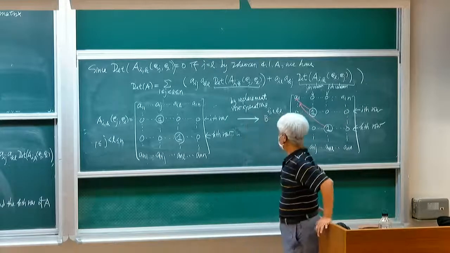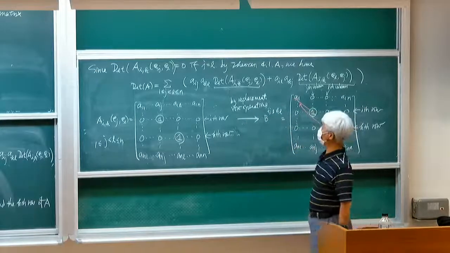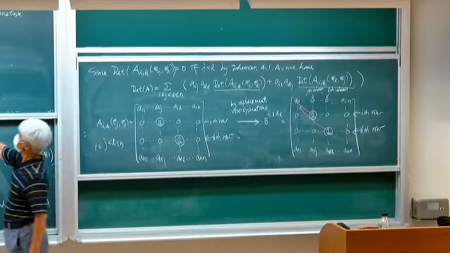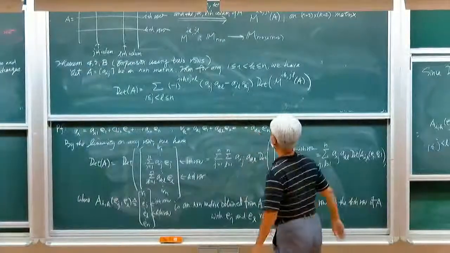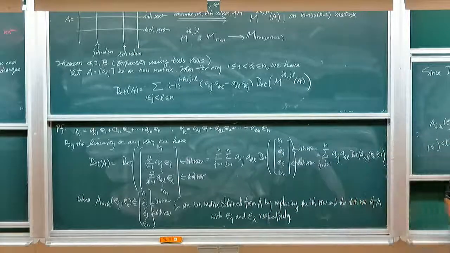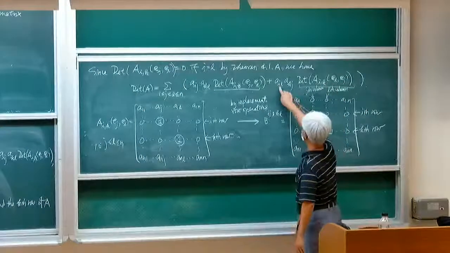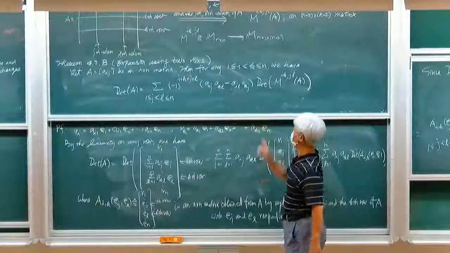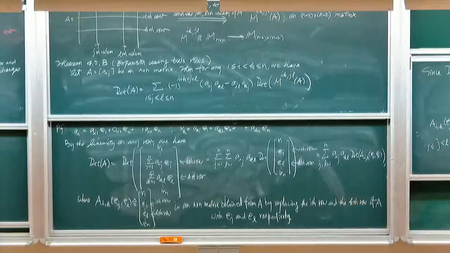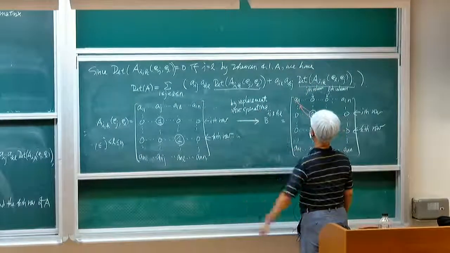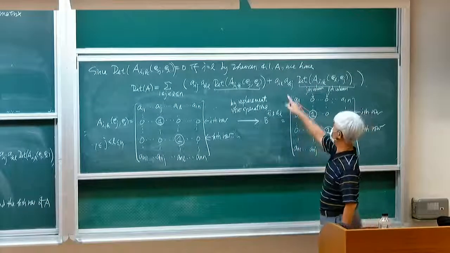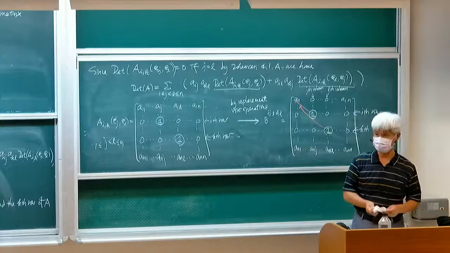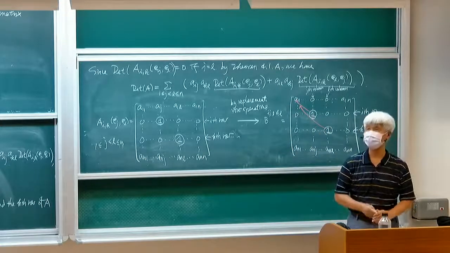Okay, so I will explain next week why we have to introduce the minus sign. Okay, for the rest of this part, because A_IL, A_KJ, right? A_IL, A_KJ, but we have to put a minus sign here when we turn this one back to there. And the key reason is because l is bigger than j. Okay? I'll explain that next week. Okay, so I'll stop here.